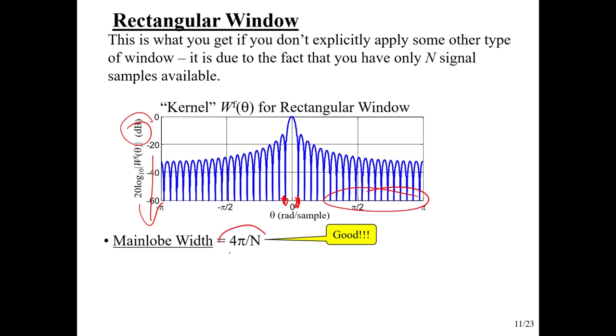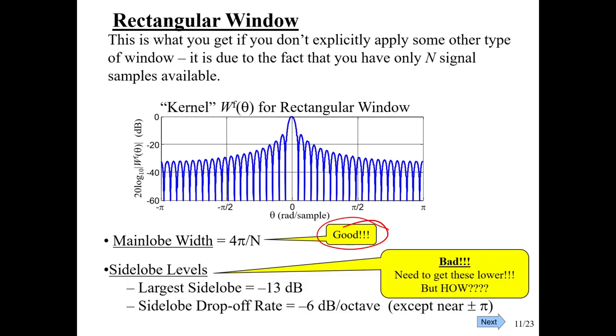So that width is 4 pi over N. N is the length of our collection, or equivalently the length of the window. And we'll see that that's actually good. That's the best that we can do. We'd like to do better than that, but it's theoretically impossible to get a main lobe width narrower than that.